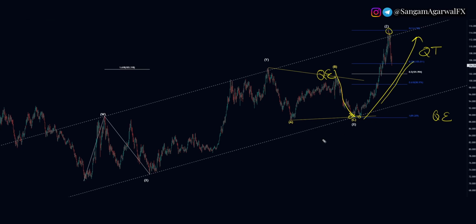When this was going up, the rate hike size was increasing from 25 to 50. Then in the last FOMC meeting, they did a 75 basis point rate hike. But now the Fed is saying they will change the rate hike size, and from 50 they will soon go to 25 basis points. So that was the beginning of QT, and that is the end.